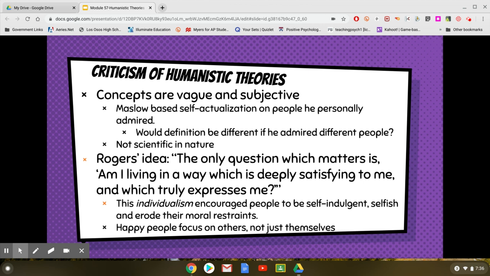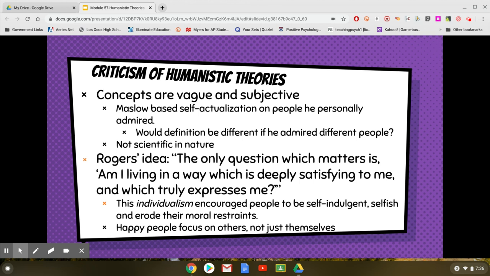The second criticism is of this idea of Rogers: the only question which matters is, am I living in a way which is deeply satisfying to me and which truly expresses me? The critics say that this is very individualistic, that it encouraged people to be self-indulgent, to be selfish, to erode their moral restraints, because if it's not satisfying to you, then maybe you shouldn't do it.